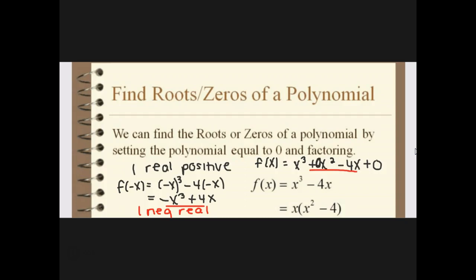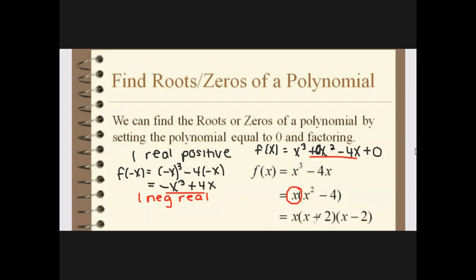So what hopefully you see here is that we can take out a GCF of x. The sign changes still don't change. It's just that when we factor that, it will not account for my negative.